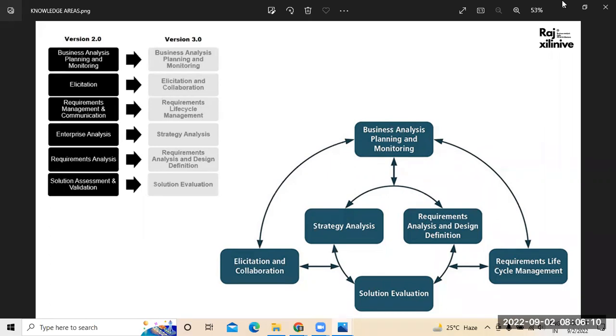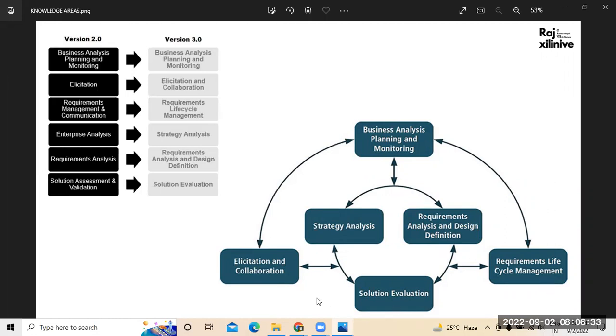Solution assessment and validation is the final thing, means you are providing the solution to the customer. It's a final solution you are giving based on the observations we had. So this is what solution assessment and validation stands for.